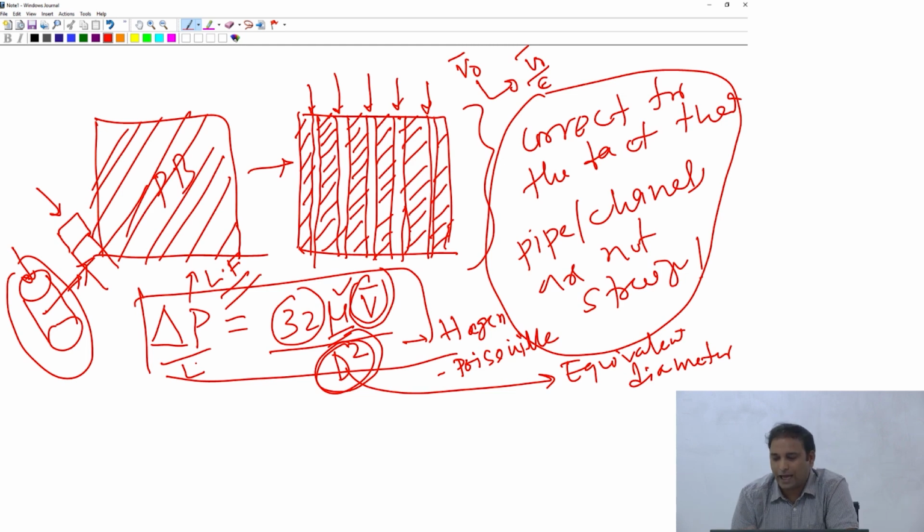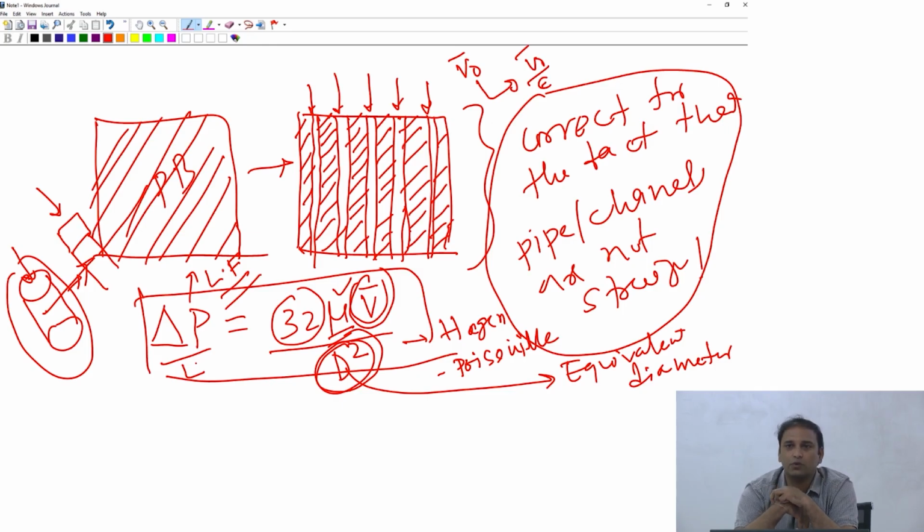Now how do we go about calculating the equivalent diameter? If you have a simple geometry like going from a circular pipe to a square or rectangular conduit, there are simple ways of getting the equivalent diameter, but for this case it's a little bit complicated.